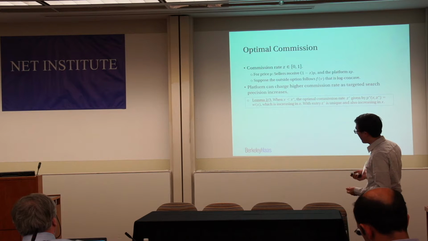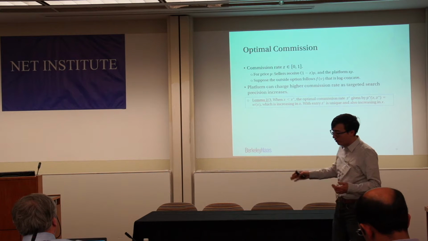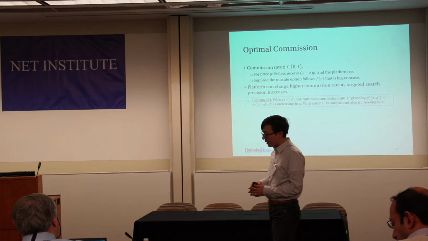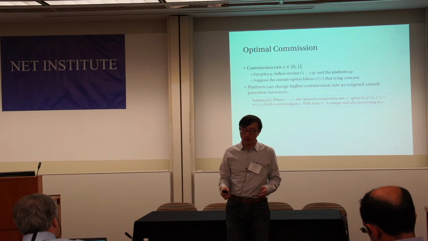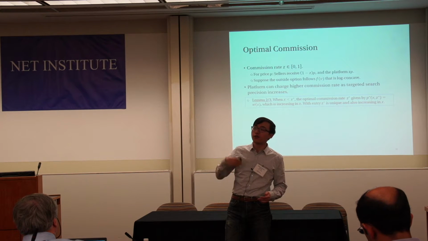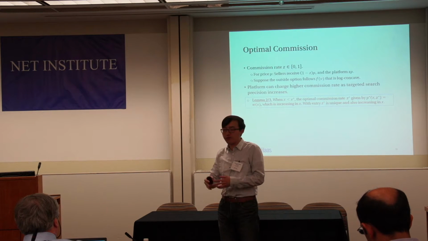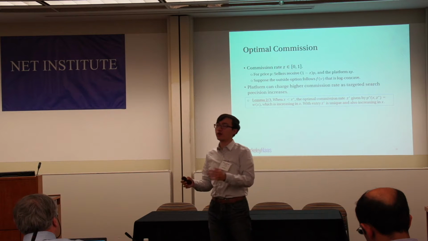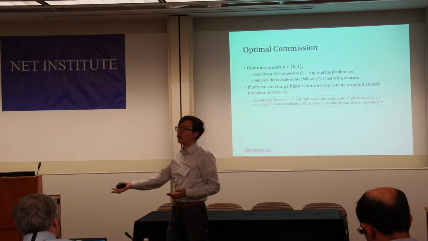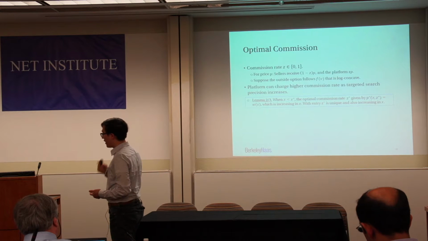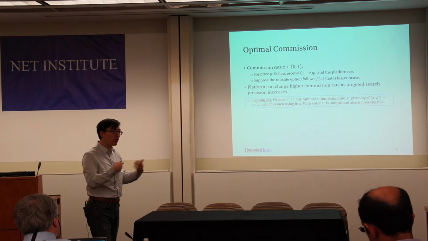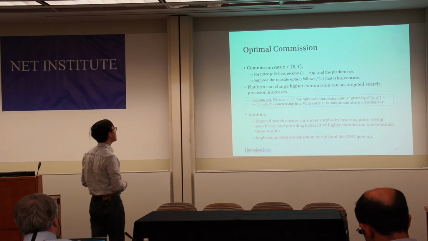Now, as you can imagine, when this precision increases, at first the platform actually wants to increase the commission rate, because this improved search technology gives consumers a lot of surplus, and the platform wants to extract that surplus by charging a higher commission rate, which would lead to a higher market price. Okay.